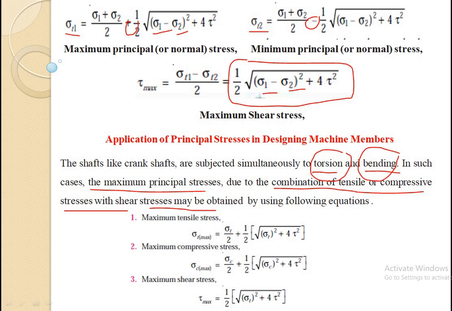If this kind of situation arises, then we can use these formulas, for the maximum tensile stress, maximum compressive stress and maximum shear stress, to determine the maximum values of stresses induced in that component when it is subjected to combined torsion as well as bending. So these are the three formulas from which we can calculate the maximum tensile stress, maximum compressive stress and maximum shear stress.